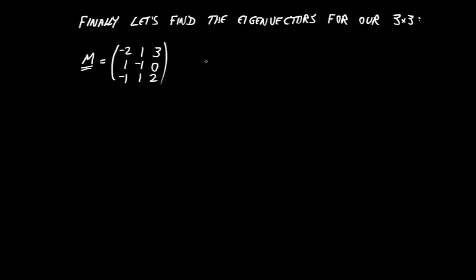We looked at that before in the previous video, and we found the eigenvalues, which were minus 1, root 2, and minus root 2. And I've put little subscripts on our lambdas here so we know which one we're dealing with. Let's deal with lambda 1 first, which is the one that has value minus 1.